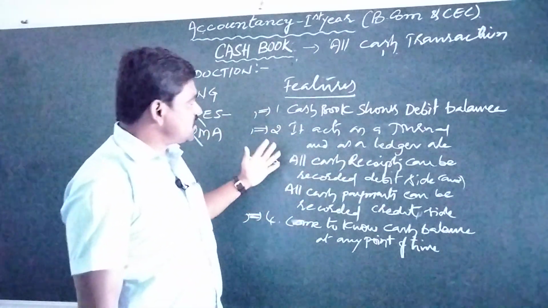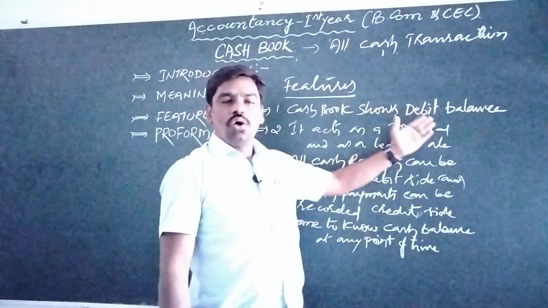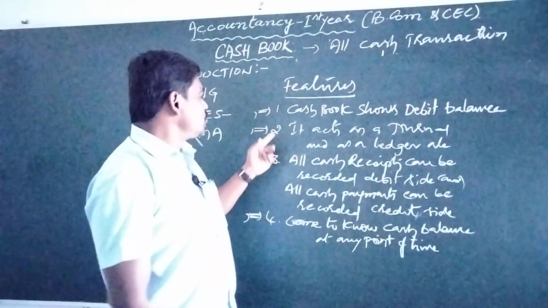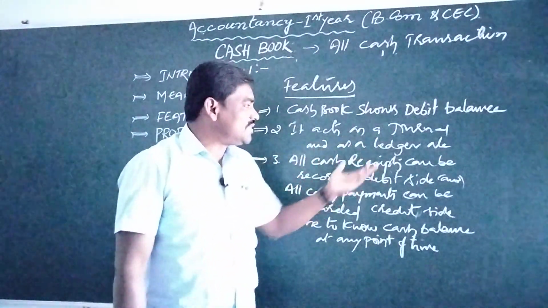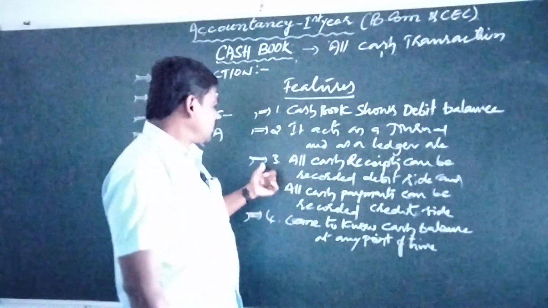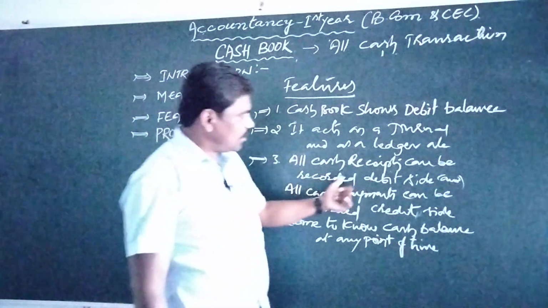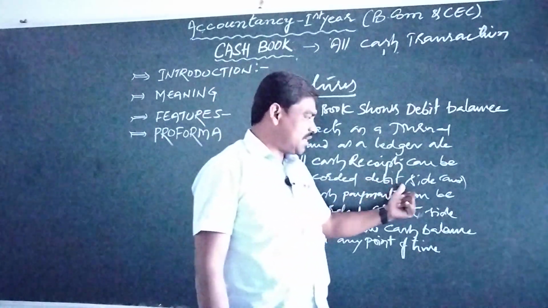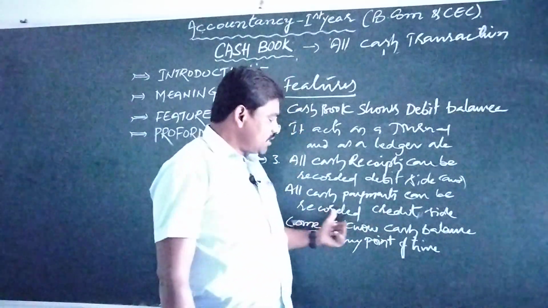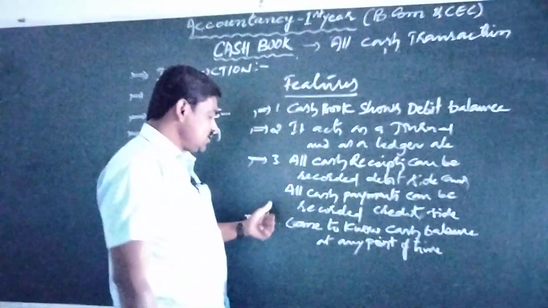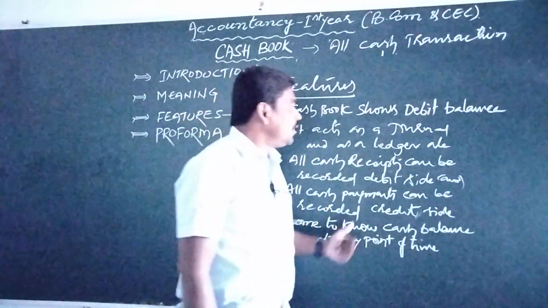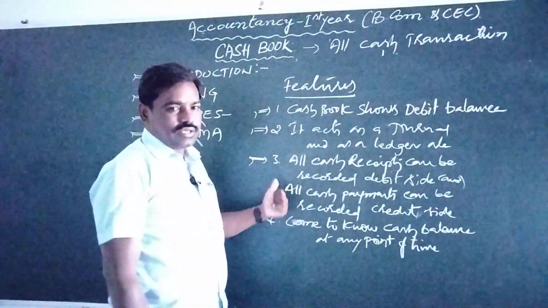First, the cash book always shows a debit balance, or begins with an opening debit balance. Second, it acts as a journal as well as a ledger account. Third, all cash receipts are recorded on the debit side and all cash payments on the credit side. And fourth, we come to know the cash balance at any point of time.